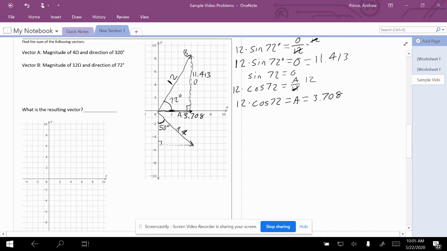So the coordinates for vector B are 3.708 for the x, and the y is 11.413. Now don't forget that these are in ohms, so we'll keep our units when we get to the answer, but I'm going to save some room here and just write the coordinates like that.